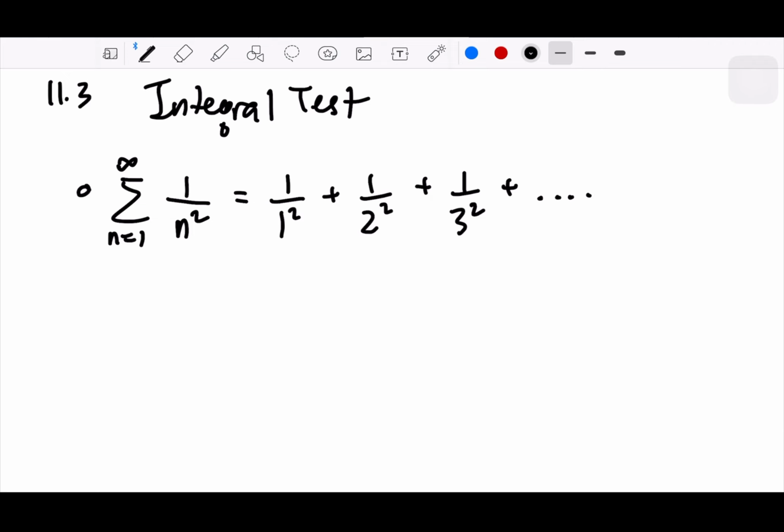But if we use a computer or maybe a calculator, the sum will be approaching 1.64 as n approaches infinity. It looks like the series is convergent.